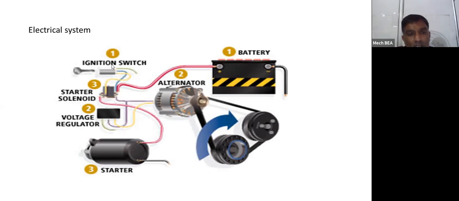Here, ignition switch, then this one is the alternator, battery, this is the starter, that is nothing but the starting motor, this is the voltage regulator, and this one is the solenoid, the starter solenoid.